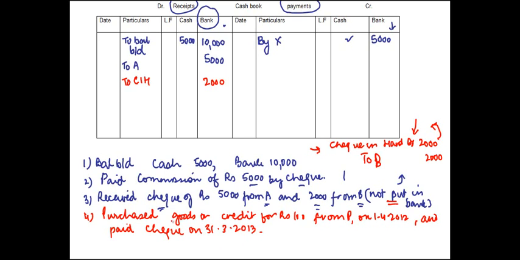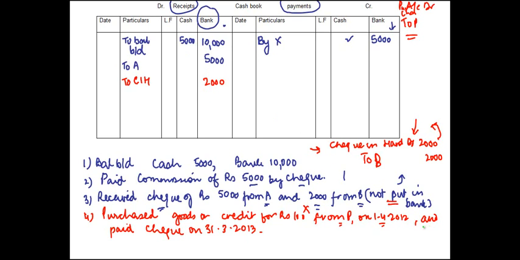Now in this case, the day you purchase goods on credit from P, okay, what is the entry that you pass? You pass an entry where you say, okay, purchases account debit to, okay, let me write purchase here, P. Is a bank account involved over here? No. So why should I put an entry into the cash book? So on day one, there will be no entry in the cash book.